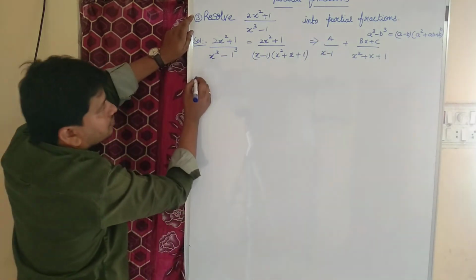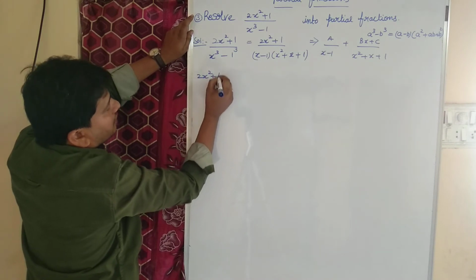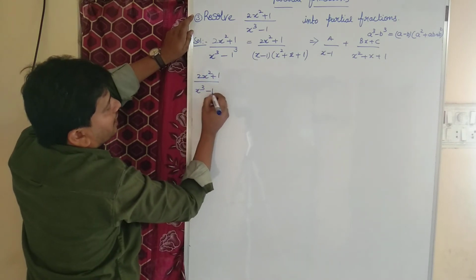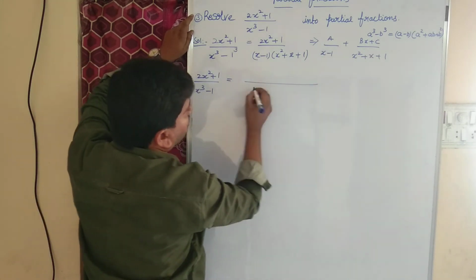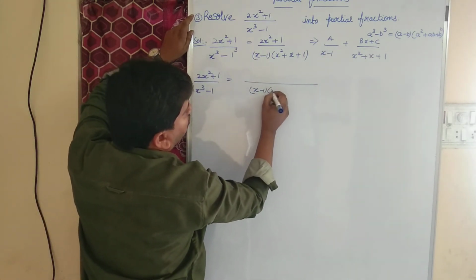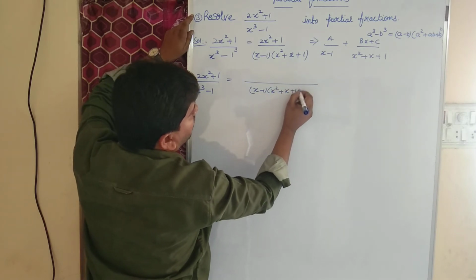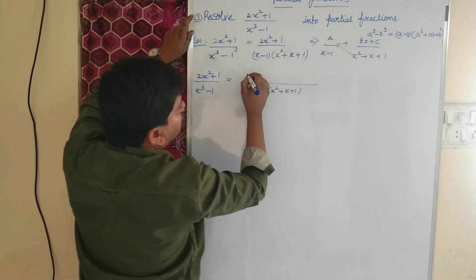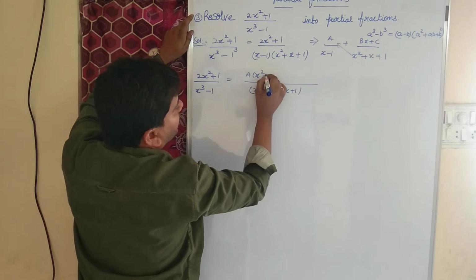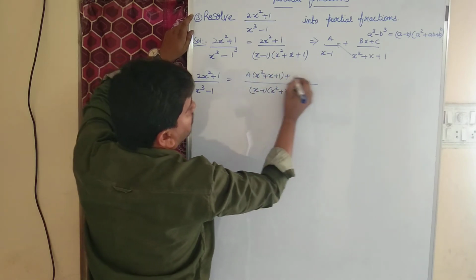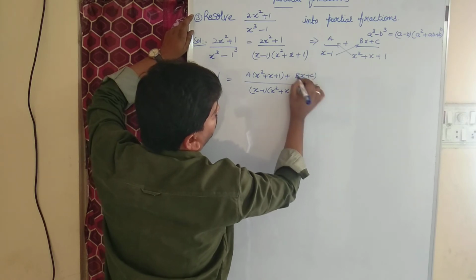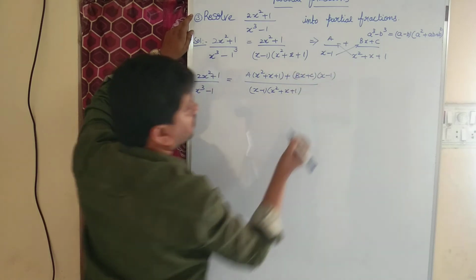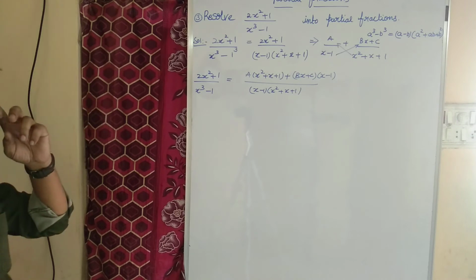Now 2x square plus 1 by x cube minus 1, here LCM is x minus 1 into x square plus x plus 1. Cross multiplication: a into x square plus x plus 1 plus bx plus c into x minus 1. Okay children?